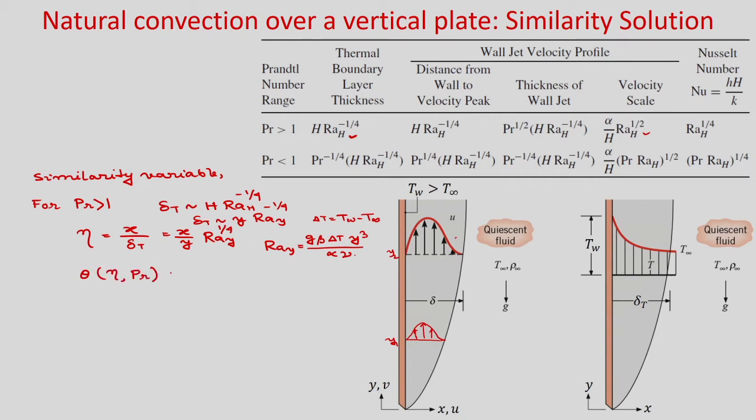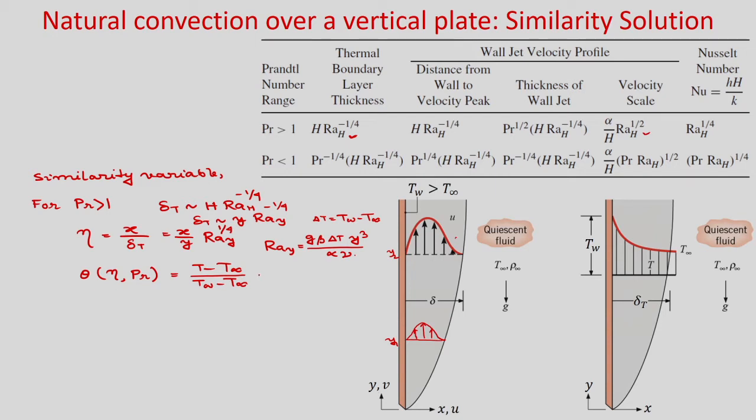This we can define as T minus T infinity divided by T_w minus T infinity. This is the temperature profile, and here also you can use some scale factor so that all the temperature profiles will collapse if you plot them with eta.